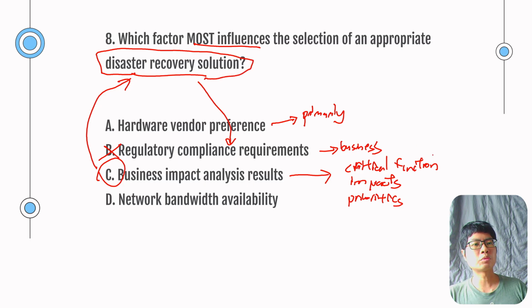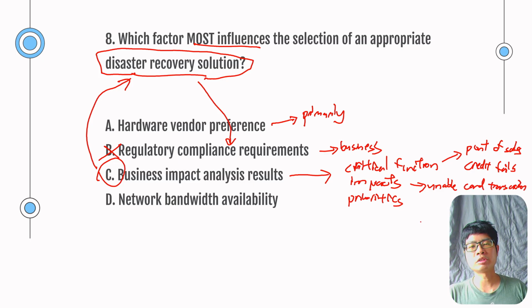So for example, let's return to one of our earlier examples. If we are a point of sales, doing retail, and let's say our credit card system fails, what would be the immediate impact? We would be unable to take card transactions, and our priority is to continue serving our customers.